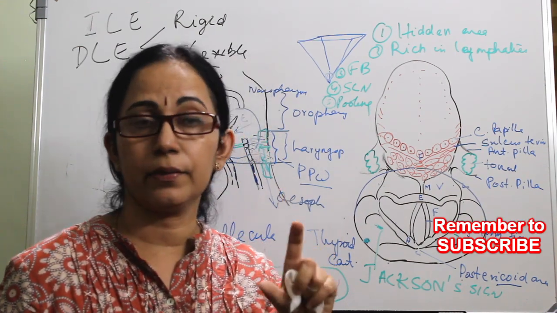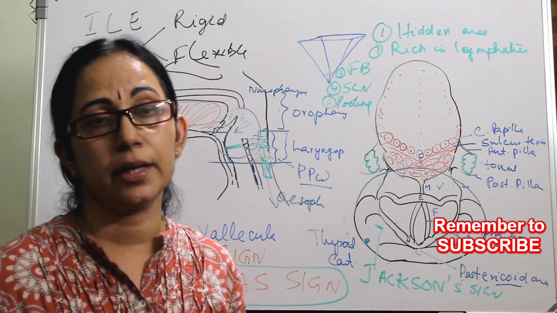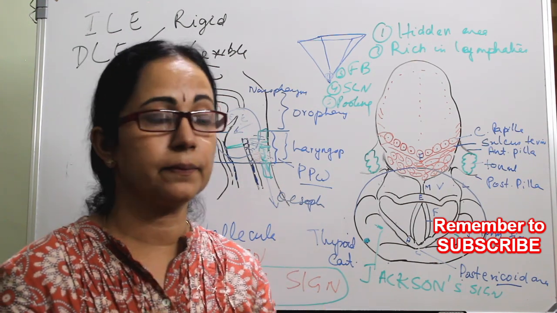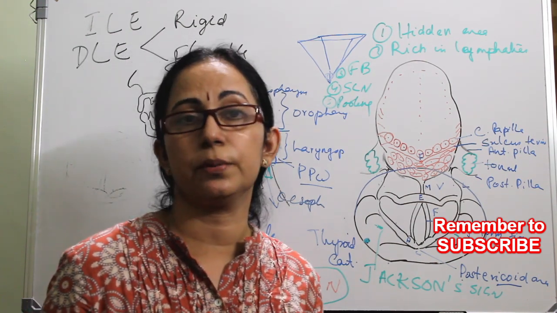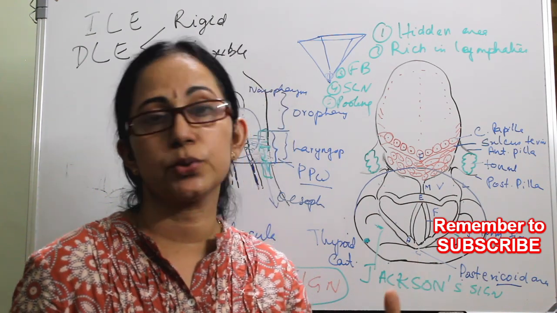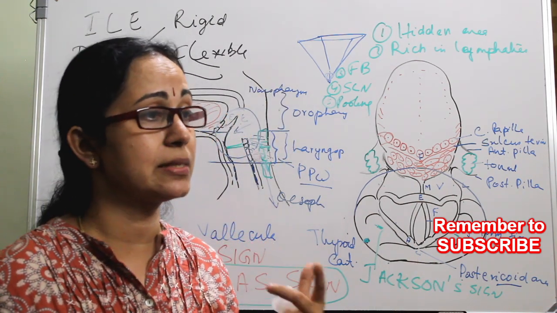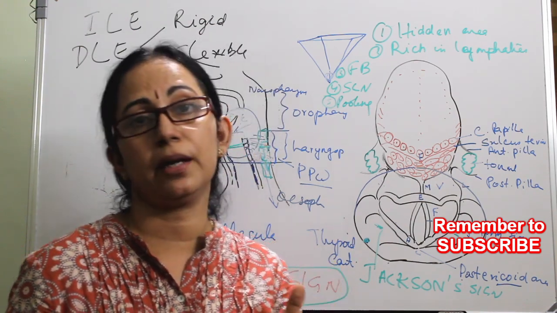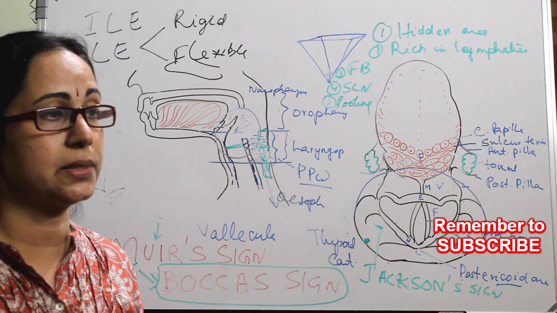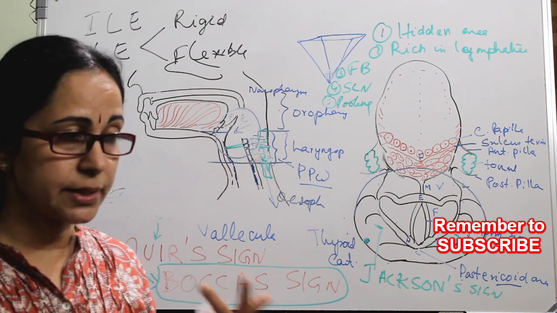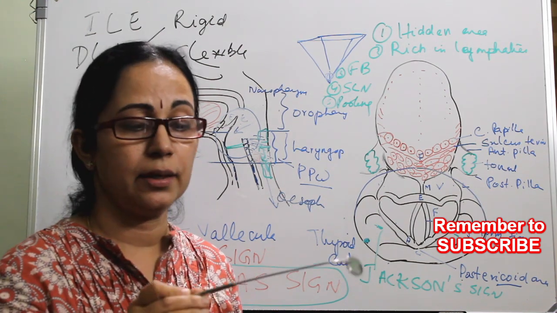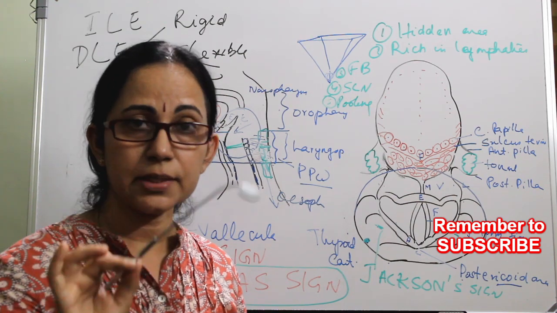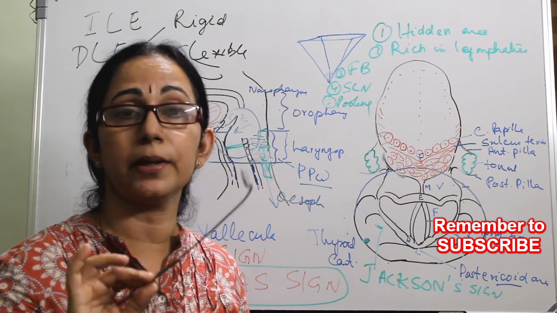You should have good illumination and focus the light on the mirror. Explain the procedure to the patient. Ask the patient to open the mouth, and if the patient is very apprehensive or if there is excessive gagging, you can spray 10% xylocaine into the patient's throat. Okay. Explain the procedure to the patient and take the indirect laryngoscopic mirror of correct size.